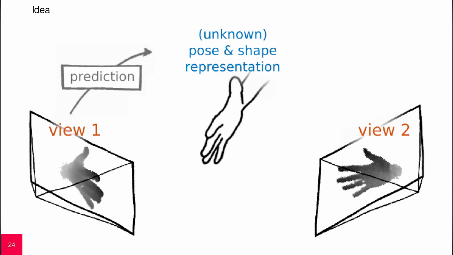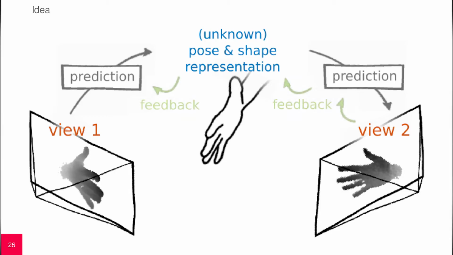And given this unknown latent representation, we are predicting the second view. And from this second view, we can easily derive feedback, right? A loss function on the second view. We just need to capture the second view. We don't need to have any labeled data. So we can then backpropagate our loss from the second view to the pose and shape representation and to the first model, which we actually want to train.